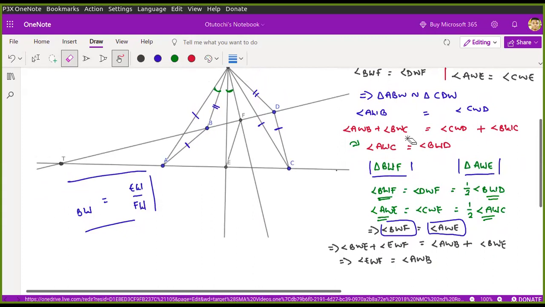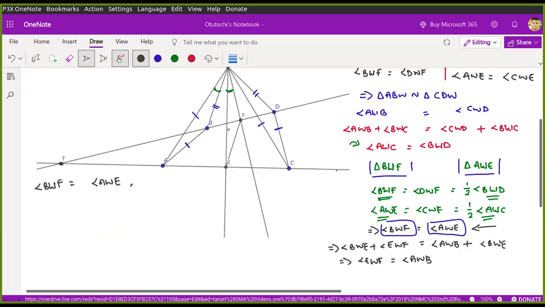So now again, we are considering these two triangles. We have for now that angle BWF is equal to angle AWE, from here.